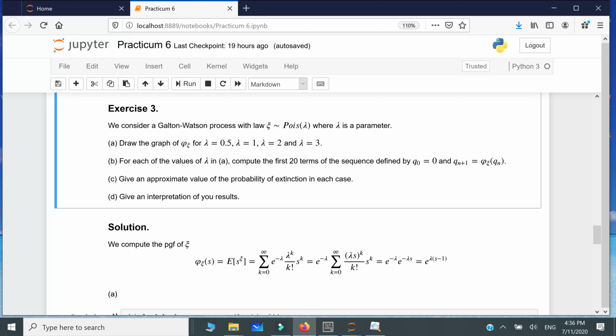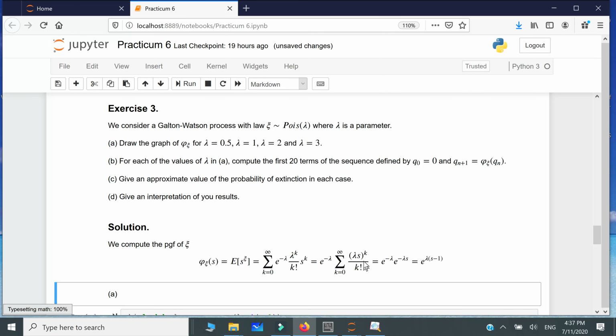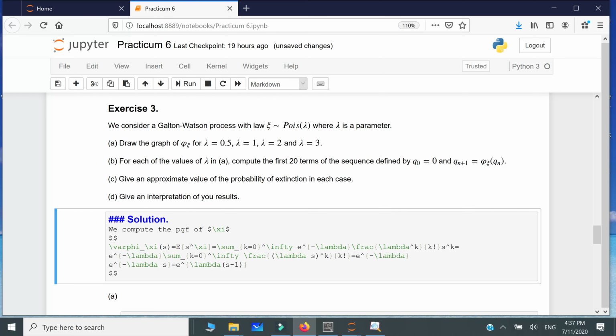So there's no s to the k here, there's an error. Let me correct that. So e to the minus lambda, then (lambda s) to the k, and there's no s to the k here. Okay, so now we have the sum of (lambda s) to the k over k factorial, k from 0 to infinity, and we recognize that this is just, and there's an error here, it's plus lambda s.